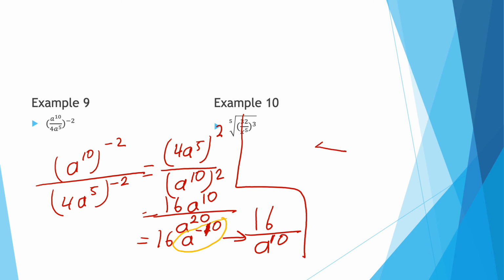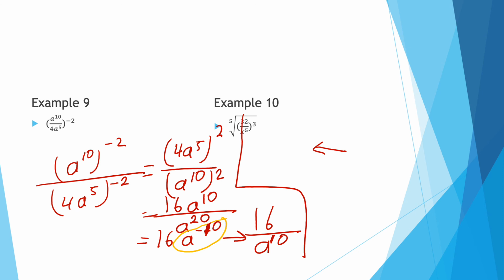Now this one here, remember when I said when you have fractional powers, it means it's actually roots. So any roots can be written as a fractional power. Fifth root means 1 over 5. Square root means 1 over 2. Third root means 1 over 3.